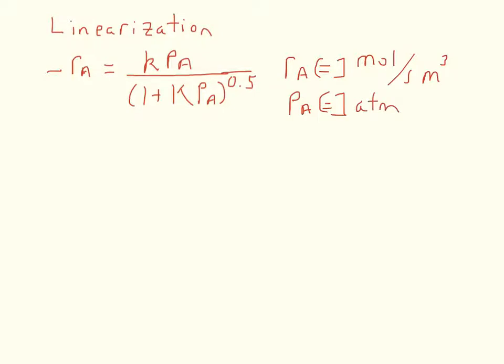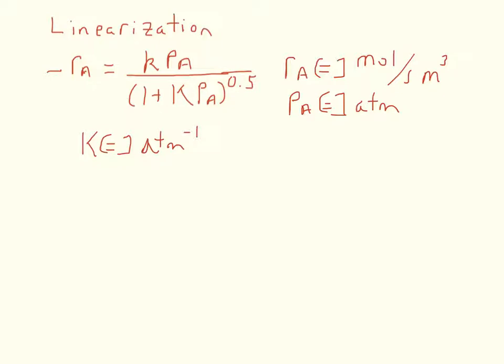Within a term like this, the units have to cancel because we have a 1 here, so the whole term has to be unitless. So if the partial pressure of A is given in atmospheres, then K has to have units that will cancel that out, or atmospheres to the -1.